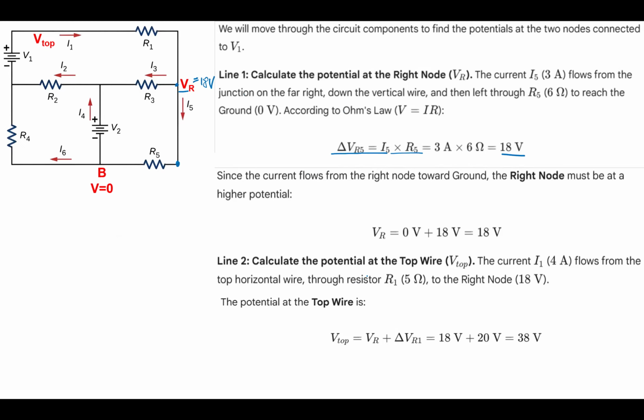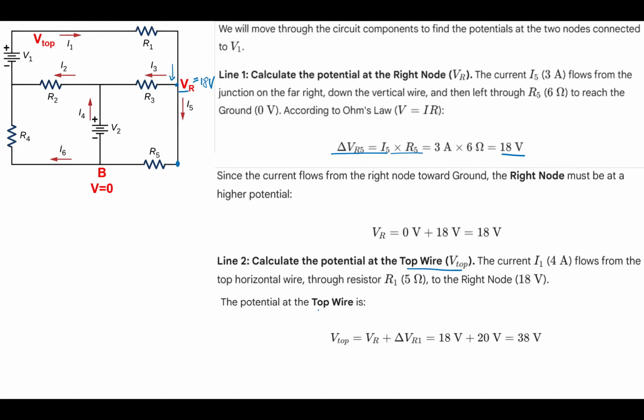And then what we are going to do is that we need to find out the potential at the top wire, V top. Okay, so we need to find out what it is. The current I1 flows from the top horizontal wire through the resistor R1 to the right node. So note that it is going through this one. Okay.